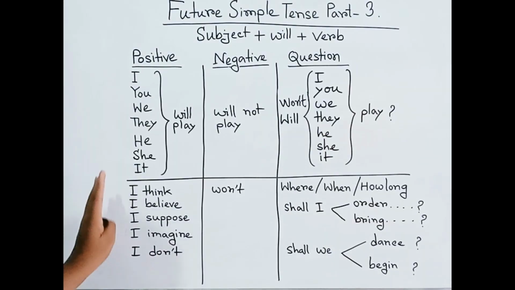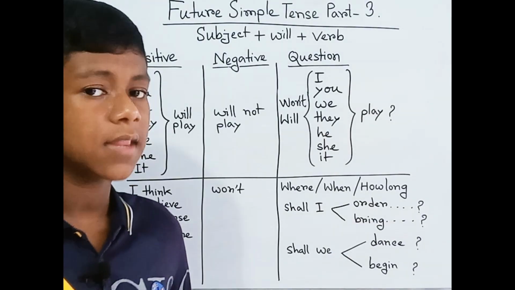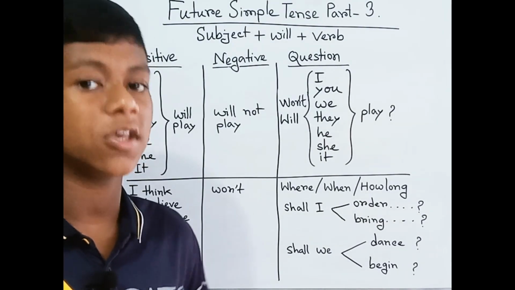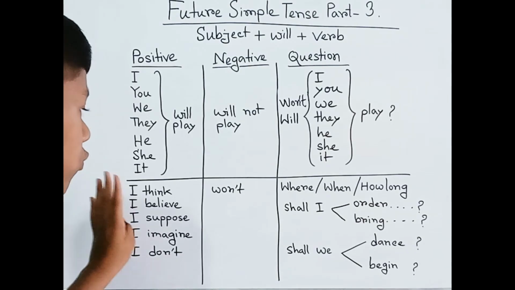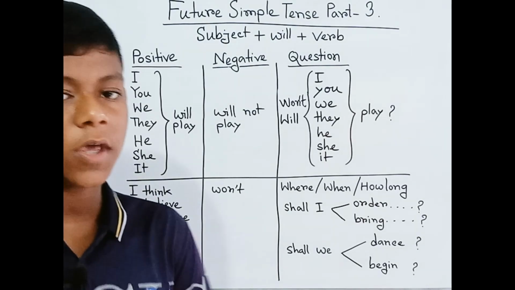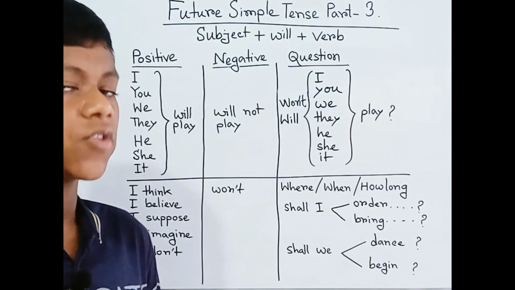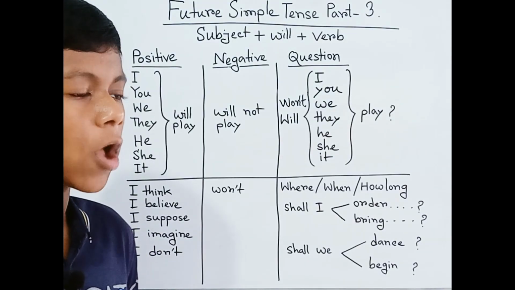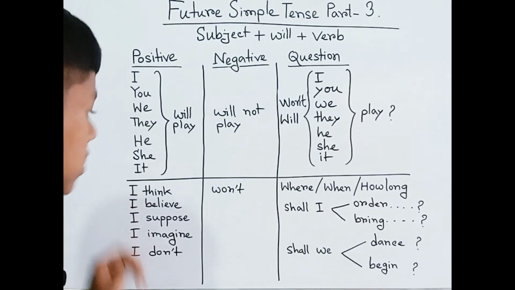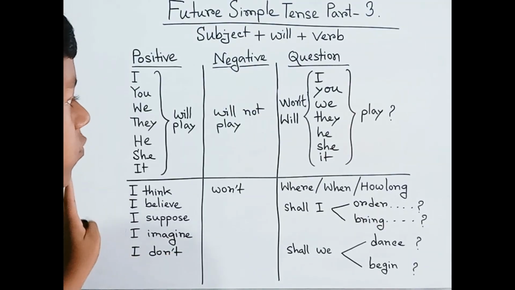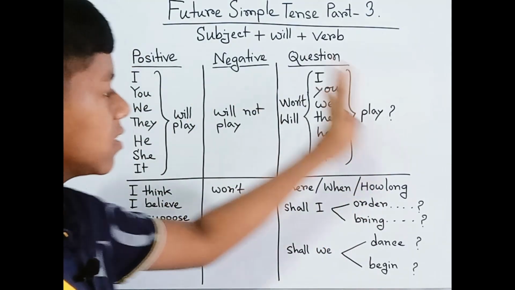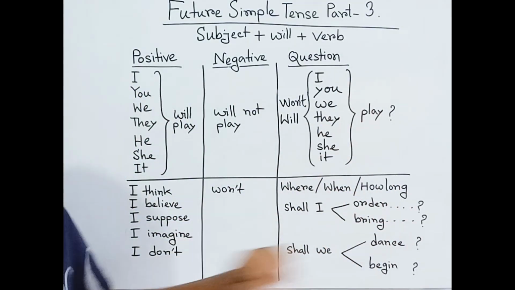If you just read about the expression, then you can gain knowledge. With expressions, sometimes an expression is used during the future simple tense, but no problem, you don't have to follow this. But if you want, you can. You have to just follow this structure. This main structure is very important.